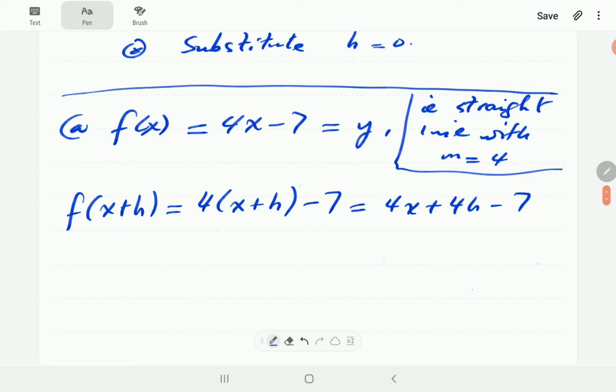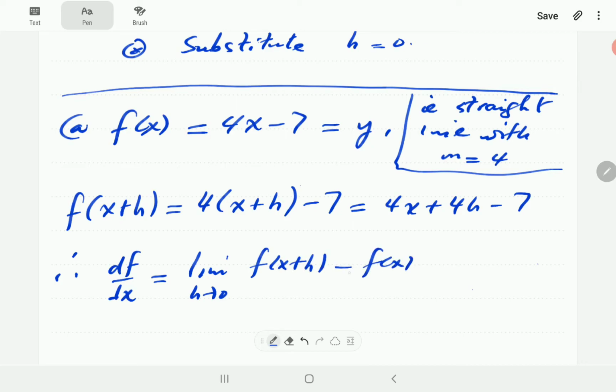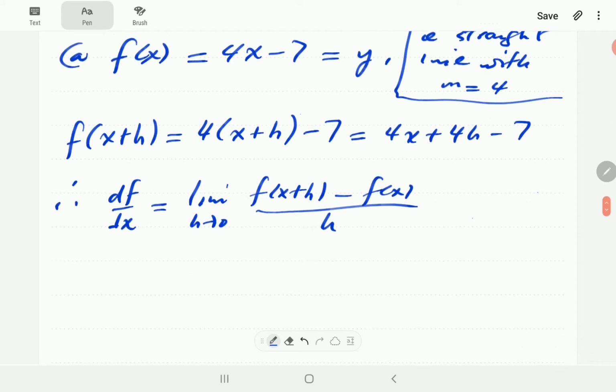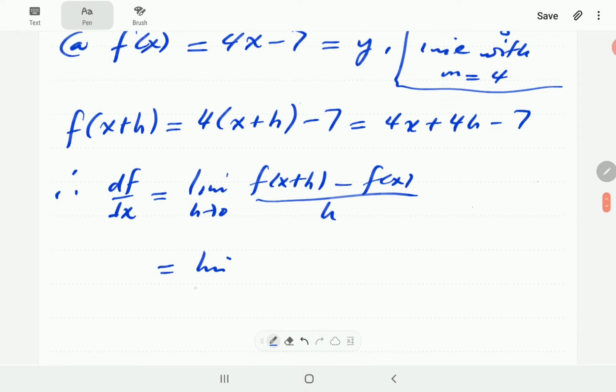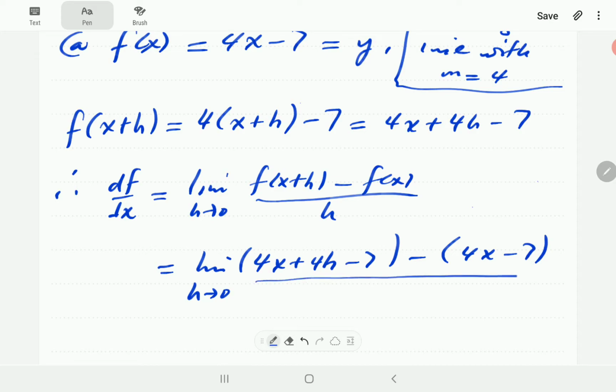Okay, then we are going to substitute. So df dx, which is the limit as h goes to 0 of f of x plus h minus f of x, over h. Okay, then we are going to substitute 4x plus 4h minus 7. It is advisable to write these in brackets.